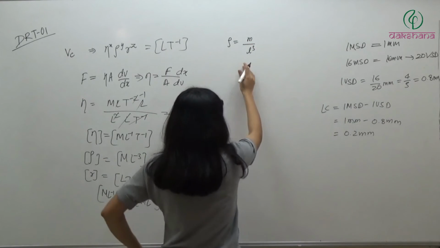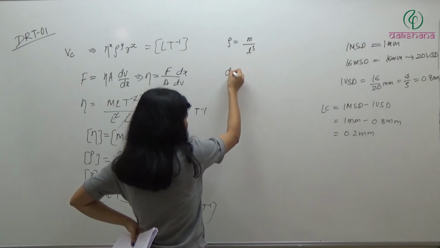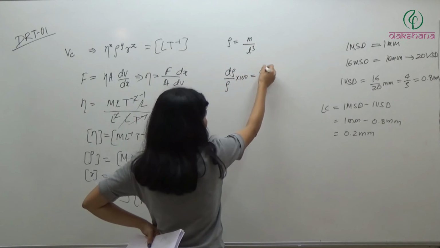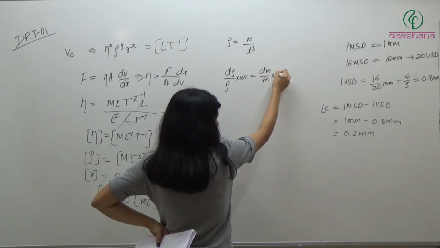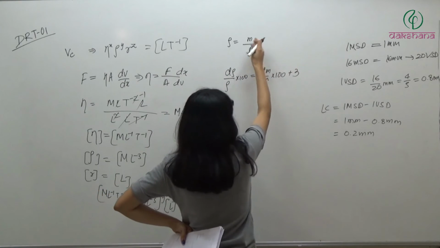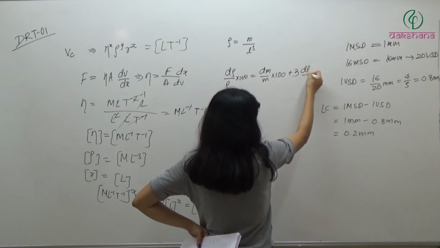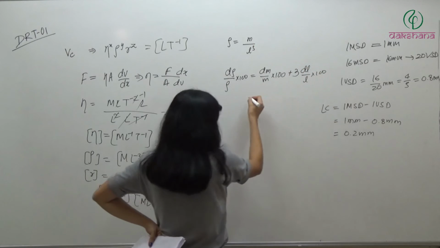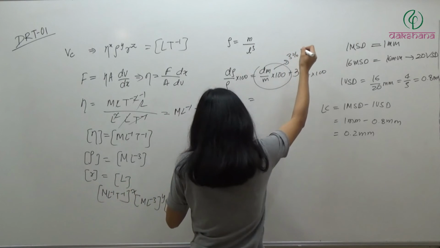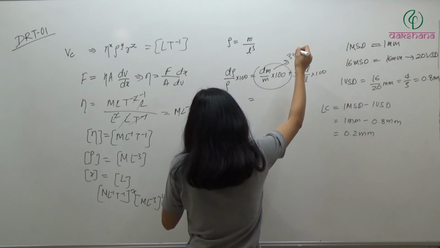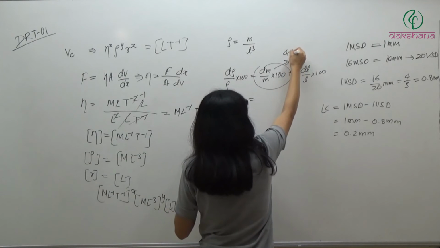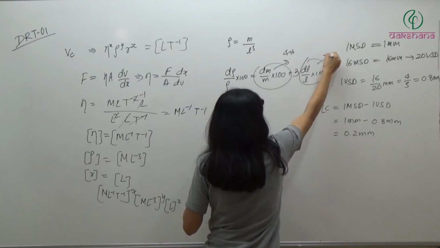So when we find the percentage error, d rho by rho into 100 is equal to dm by m into 100 plus 3 times, the power of it, 3 times dl by l into 100. So now it is given that side is 3% and mass is 4%.